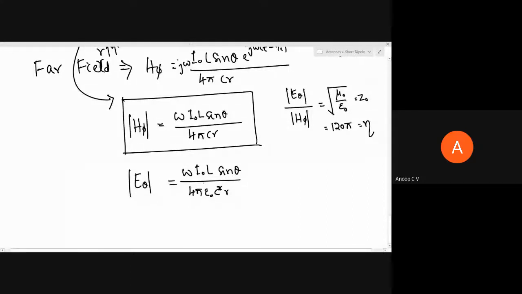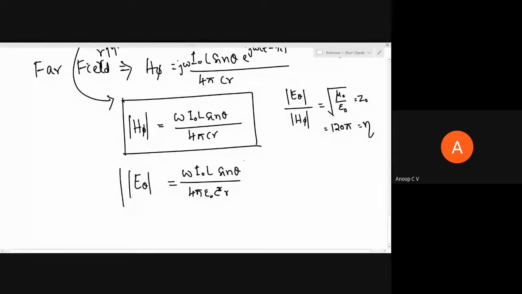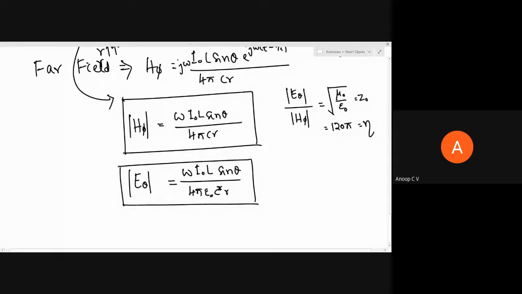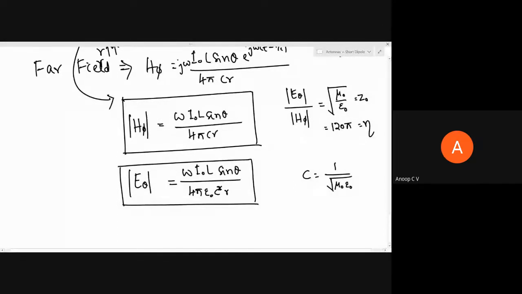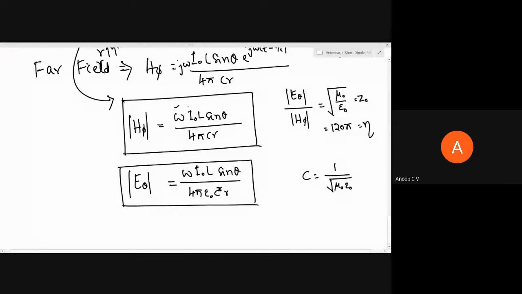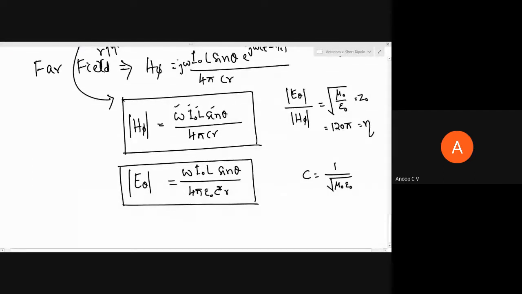If you divide E theta by H phi, what do you get? Remember that c is 1 by root of mu naught epsilon naught. Omega and omega get cancelled, I naught gets cancelled, the entire numerator L sin theta gets cancelled, 4 pi and r get cancelled, and c gets cancelled.